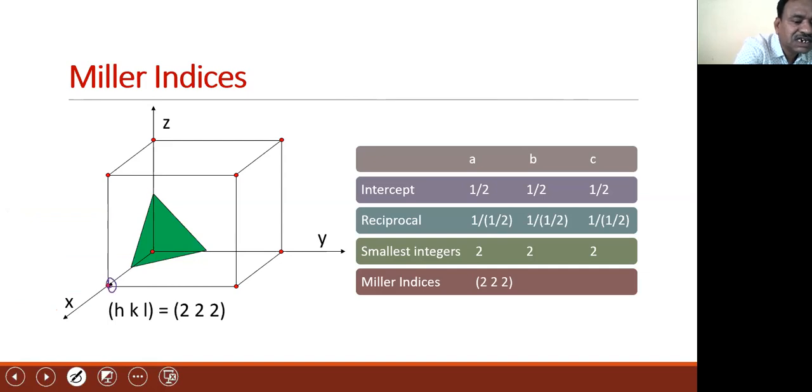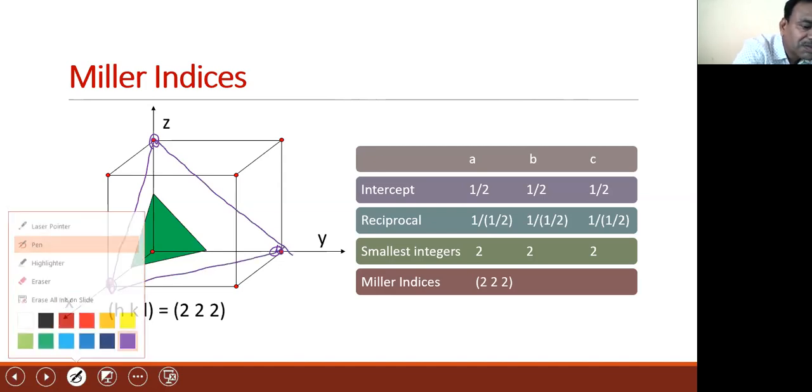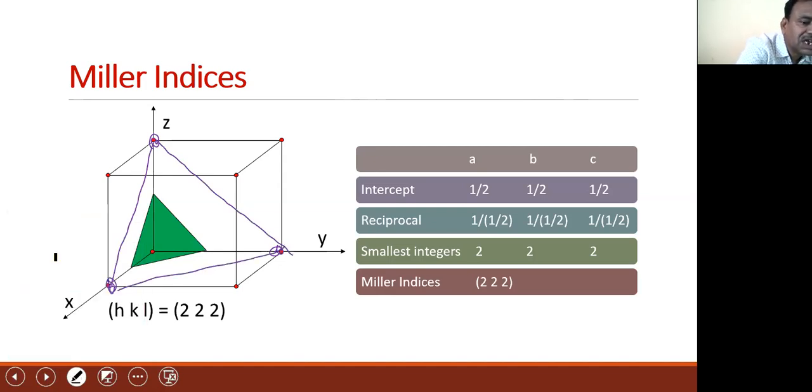By chance, students, if it is intersected at this point, this point, this point, and this point, at that time your plane is like this. I highlight this portion.